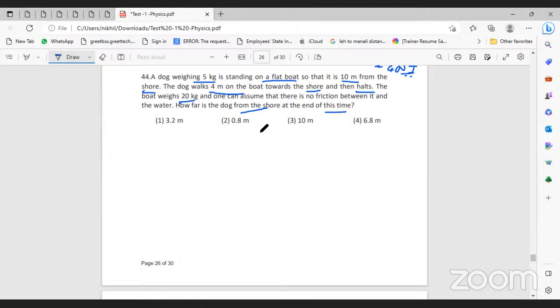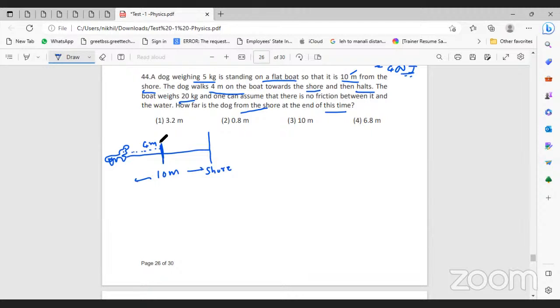Now let me draw the diagram for better understanding, students. Let this be the shore here. Initially it is 10 meter away, and there is a dog. Now he is telling that the dog is going to move 4 meter on the boat, 4 meter towards the shore, and it is going to halt.